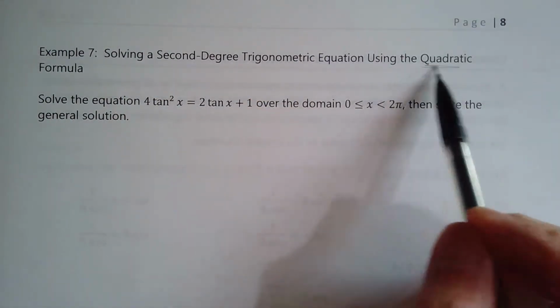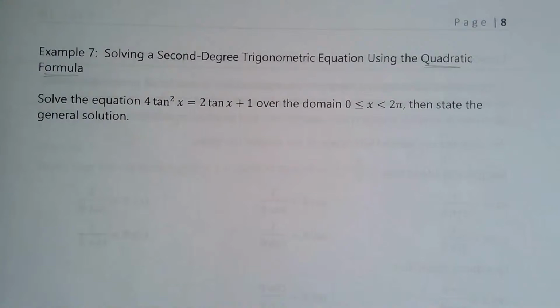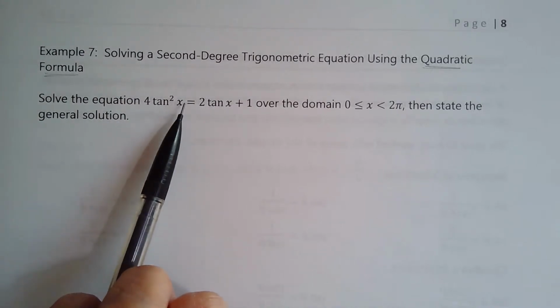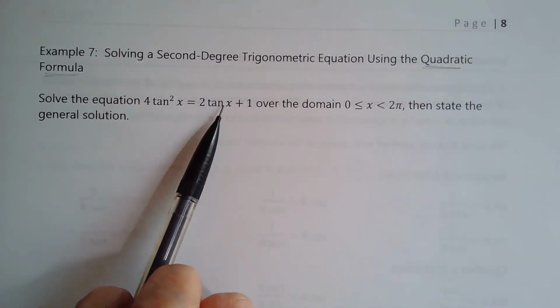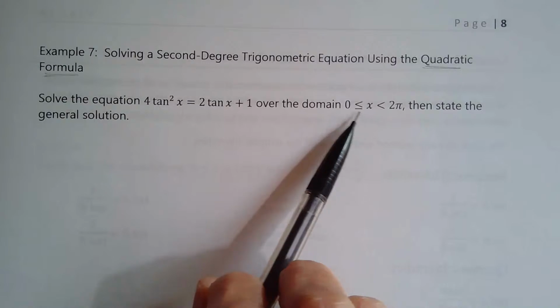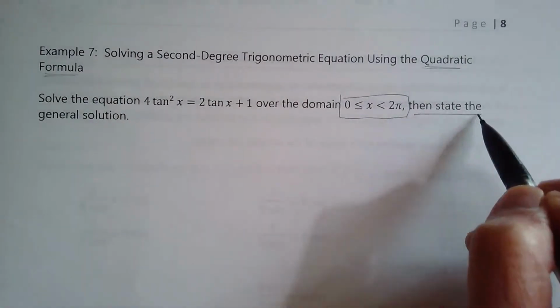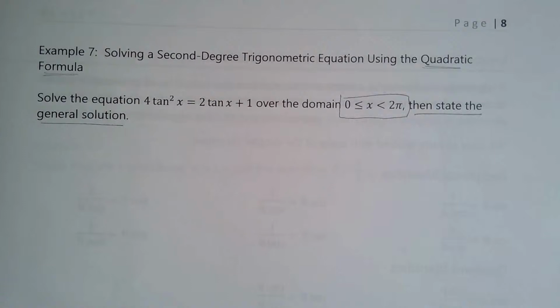They're already telling us the strategy, but let's pretend we didn't know how to do that yet. Solve 4 tan squared of x equals 2 tan of x plus 1 for the domain 0 to 2 pi. Then state the general solution. So what can we do?